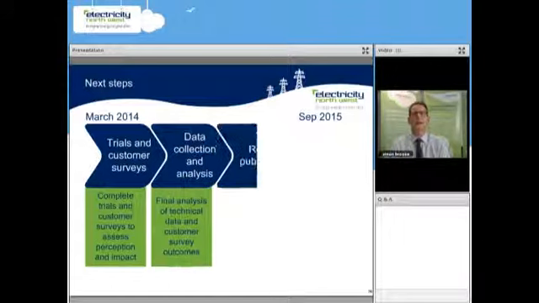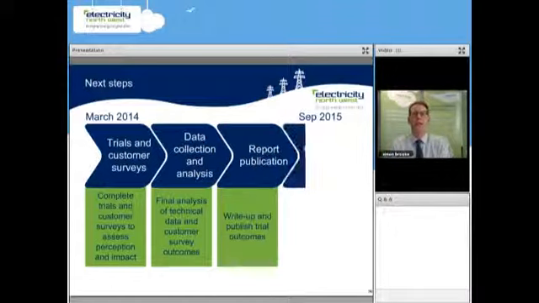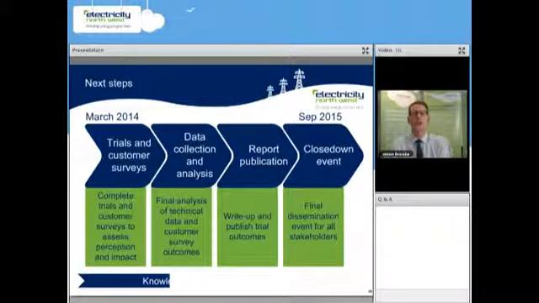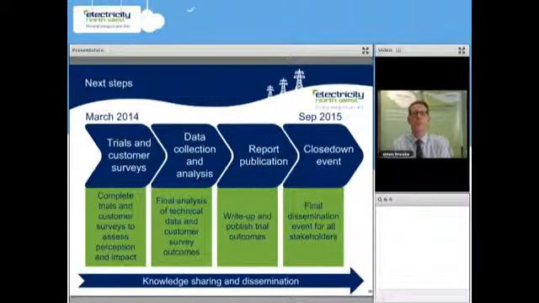We're currently in the last phase of the trials and customer surveys at the moment, and then we move into the full analysis that Paul spoke about being provided by the university. And then we get into the phase where we start to write up and put together the close down reports and hold the close down event.